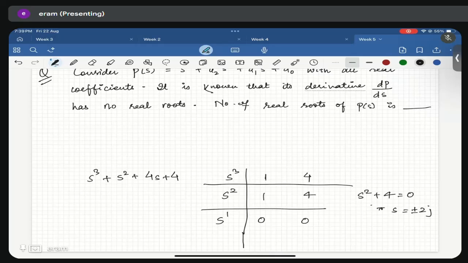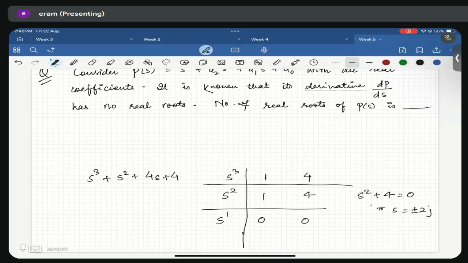But it is not zero, so we cannot say that these roots are on the imaginary axis. But using the auxiliary equation, the real part comes out to be zero. Should we follow the software results or the results of the auxiliary equation?